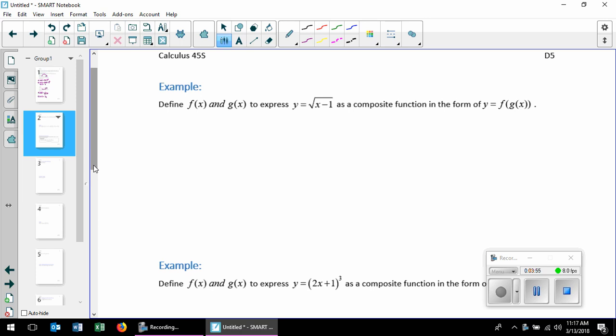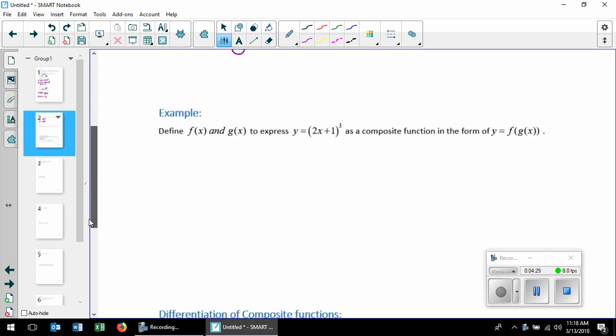One would be root x. So root x, and then what would the other one be? X minus 1. Now, you're right, but which one belongs to what? Which one's f of x and which one's g of x? This is f of x. And so this one must be g of x. You guys did this in grade 12. You all said you didn't like them in grade 12. They're not terrible.